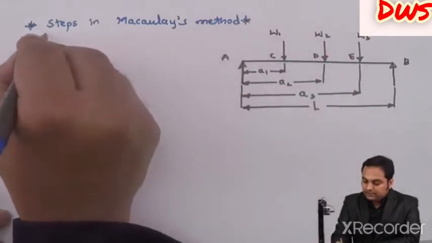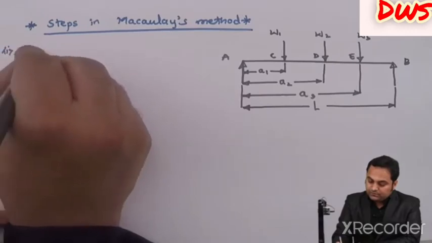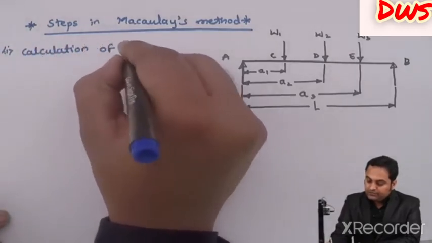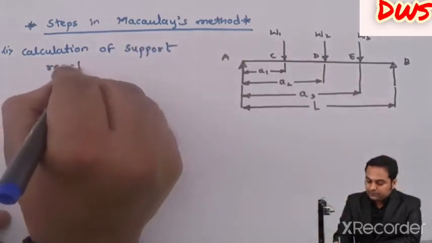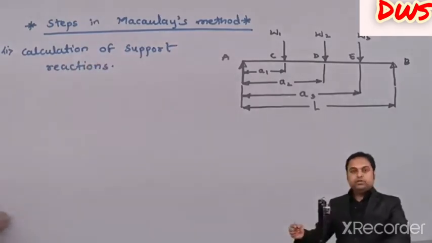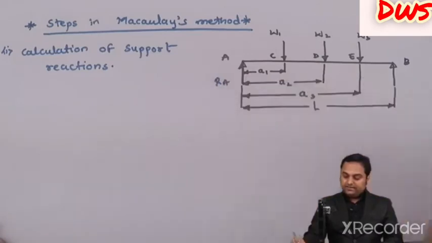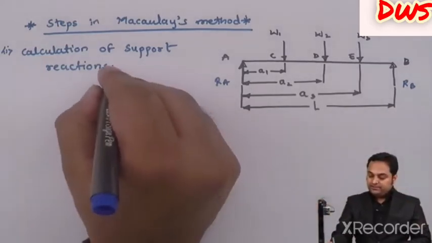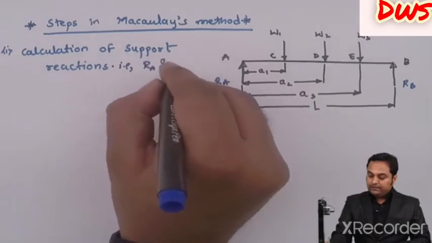The steps are, first is calculation of support reactions. That is, first we are going to find the support reactions. At A it is RA, at B it is RB. So first we will get the value of support reactions, that is RA and RB.